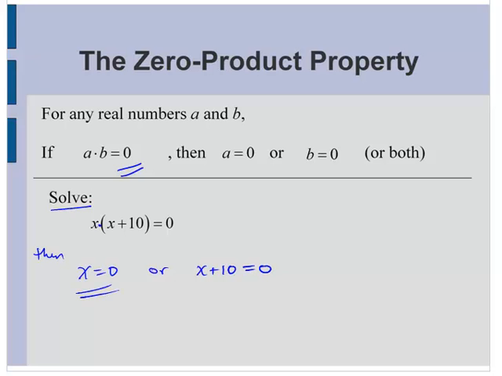X equals 0. Okay, that's fine. X plus 10 equals 0. Let me subtract 10 from both sides. And x would equal negative 10. Alright, so we have two solutions, and you might write x equals 0, comma, x equals negative 10, or you could write the solution set containing 0 and negative 10.